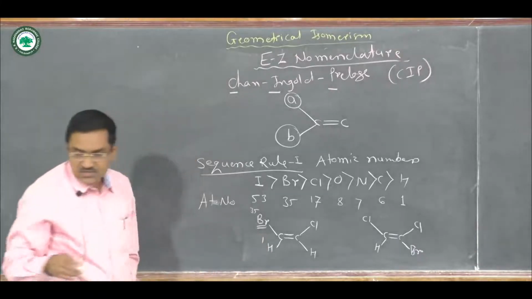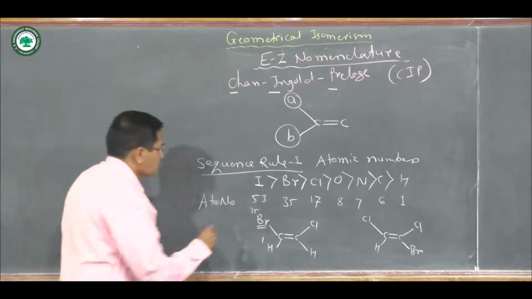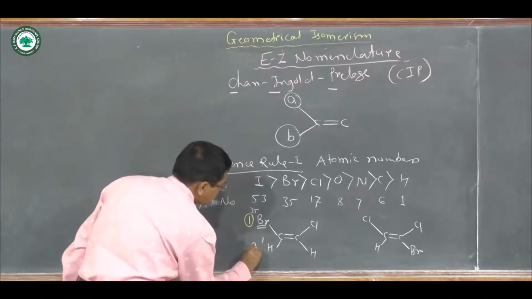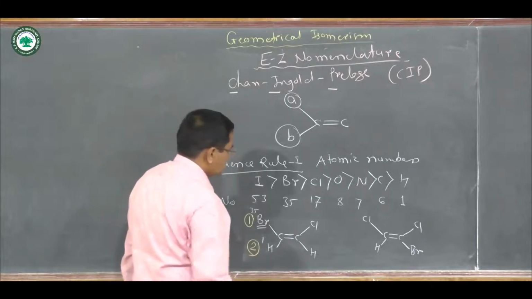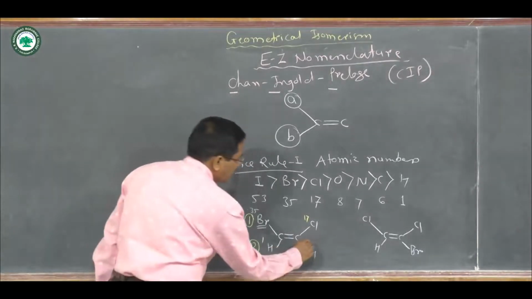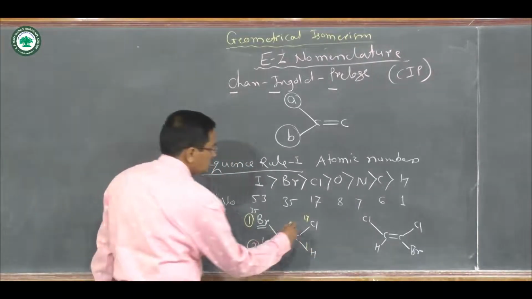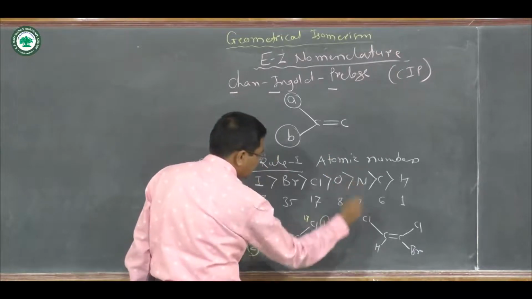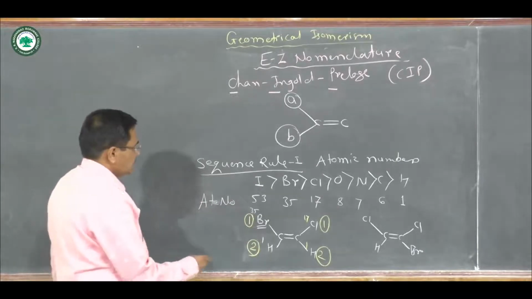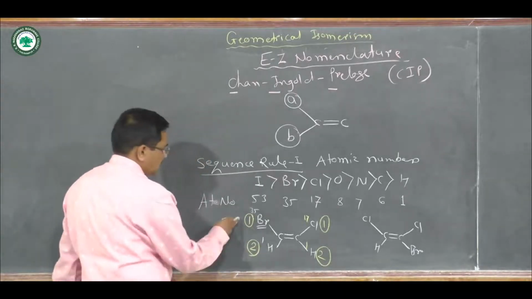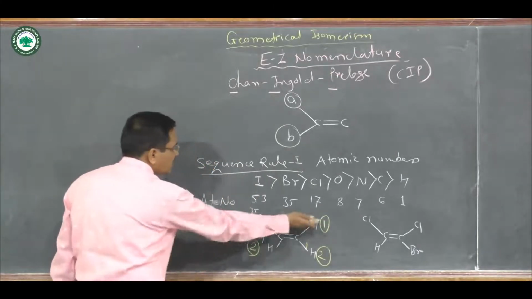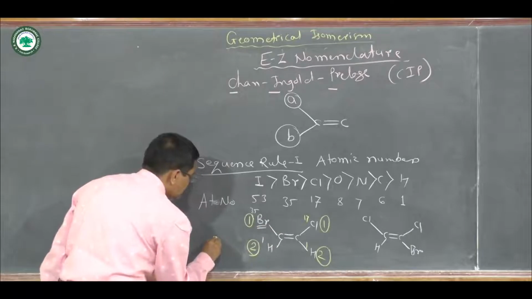So in this case the higher priority group is bromine, so we give it number 1 and hydrogen 2. In this case also, 17 is the atomic number of chlorine and 1 is the atomic number of hydrogen. So chlorine has first priority and hydrogen has second priority. The higher priority groups are on the same side, so this is Z.